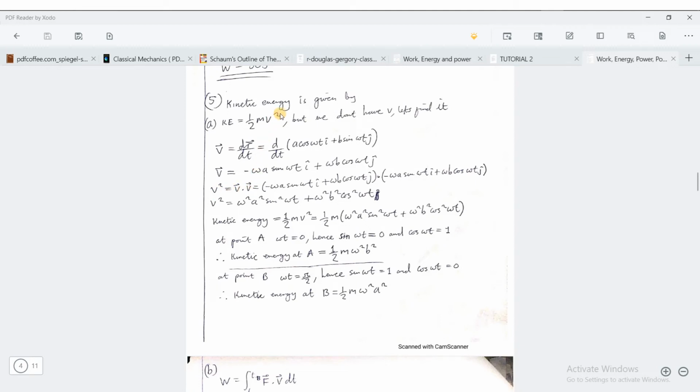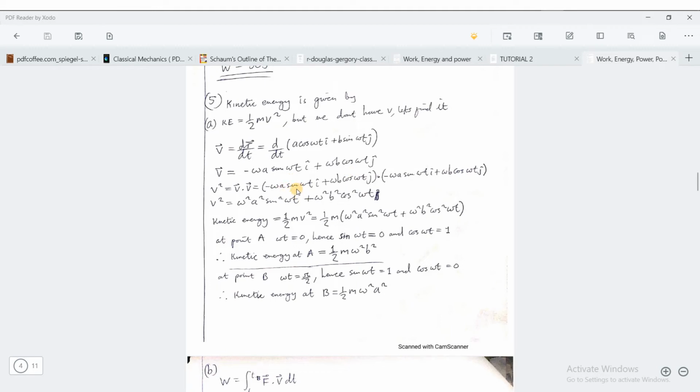So we've literally found v squared here. This v has been put in parentheses, dotted with itself. I'm sure you all know how to take the dot product.